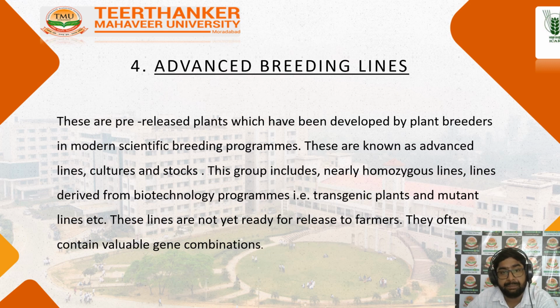And advanced breeding lines: they are the pre-release plants which have been developed by plant breeders in modern scientific breeding programs. They are known as advanced lines, elite lines, or stocks. These lines are not yet ready for release. They often contain valuable gene combinations.